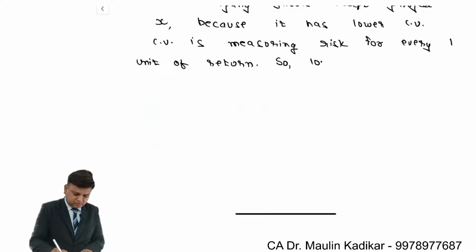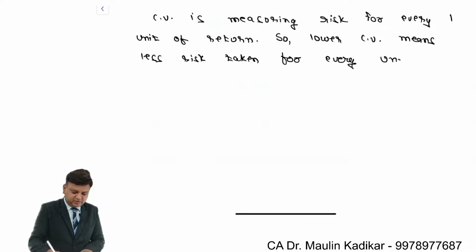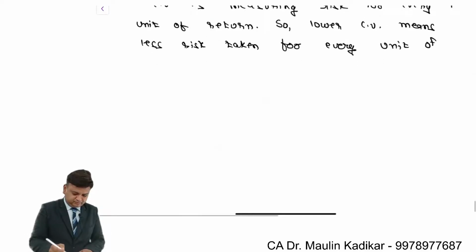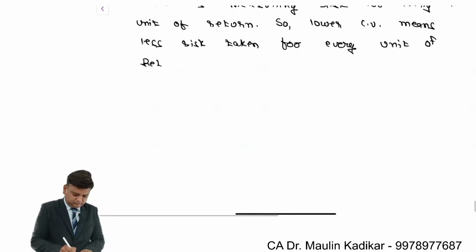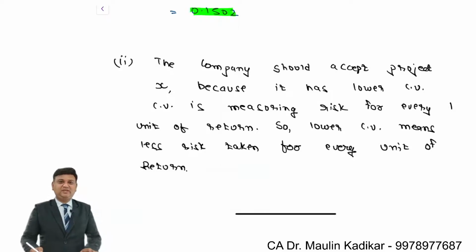So lower CV means less risk taken for every unit of return. Full stop. This is the way we are required to make selection of the project X.